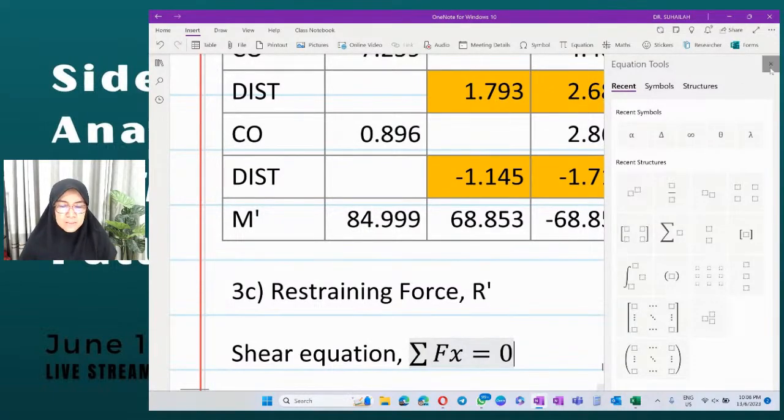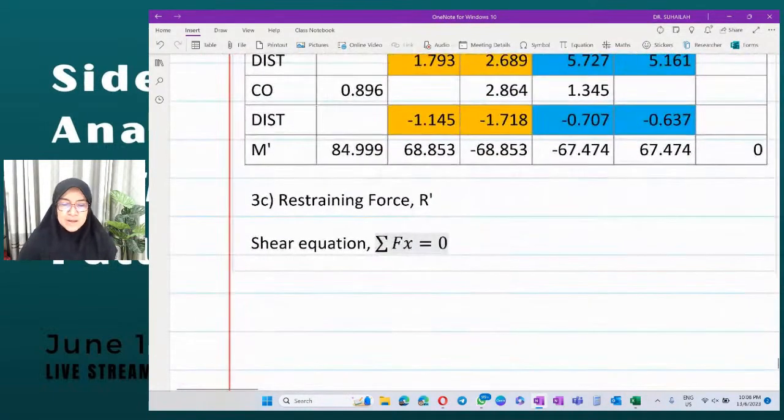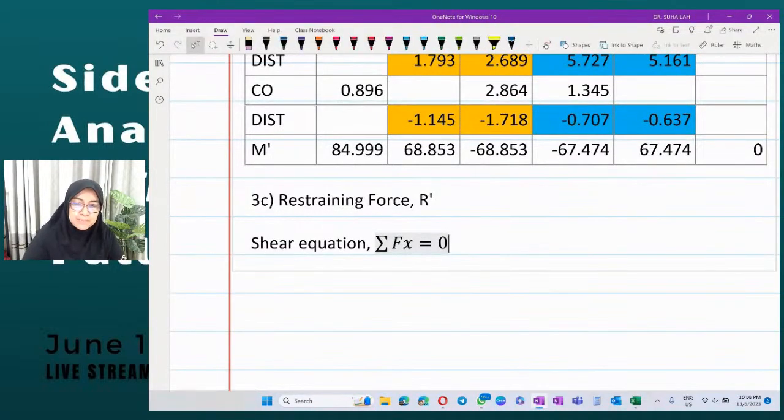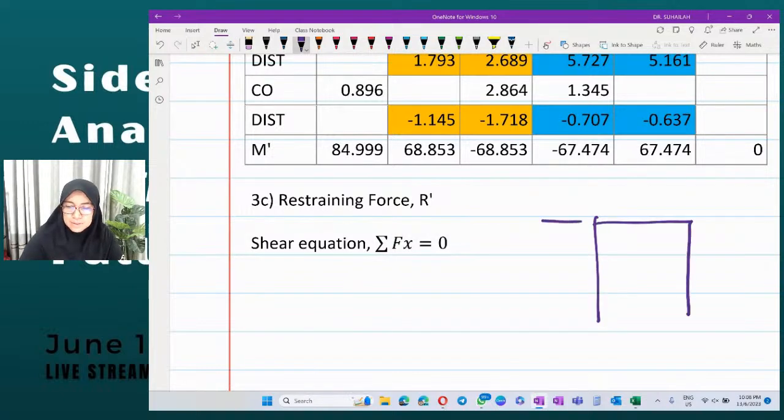To write this equation, we have to sketch the frame. AX prime, previously we put in this direction, so we just follow.